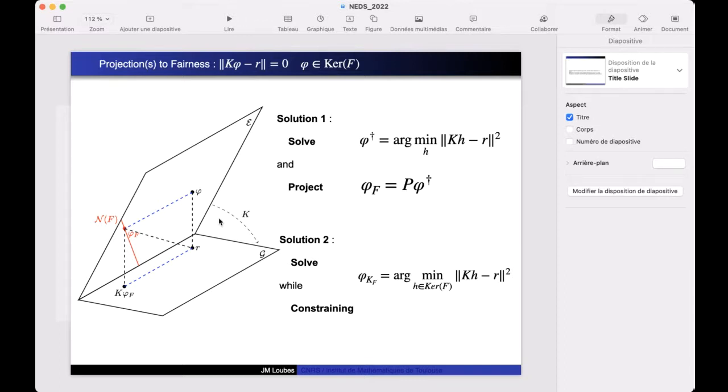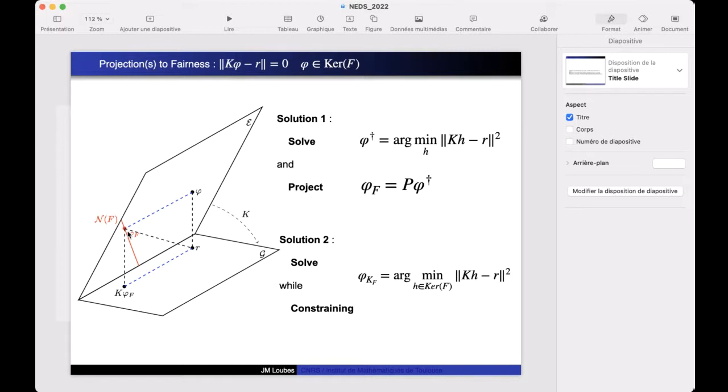And the question is, do you want to solve your functional equation and then project to fairness, that's one way to do that, or the other way around should be, I don't want to solve my equation and then project, but I want to solve my equation by constraining my function to belong to the null space.